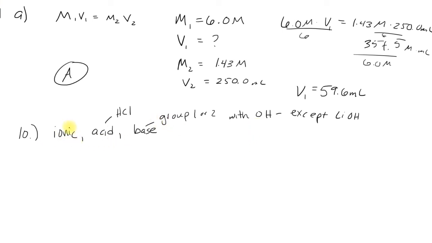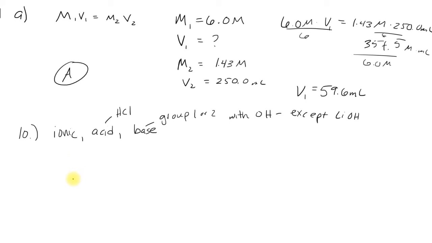All right, let's see here. My choices are sucrose, C12H22O11, that's sugar. We know sugar is a covalent compound. It is not an acid, because the hydrogens are not written in the front, and it's not a base because it's not group 1 or group 2 with those oxygens and hydrogens. So A is a classic example.